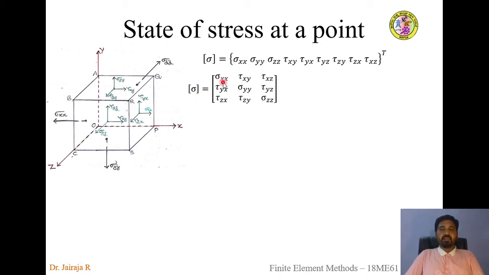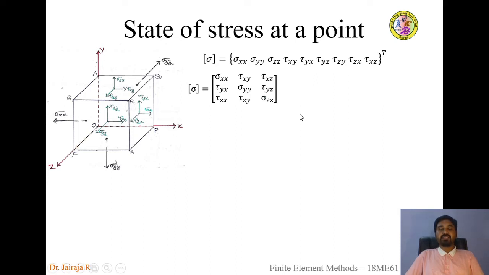Sigma is equal to sigma xx, tau xy, tau xz; tau yx, sigma yy, tau yz; tau zx, tau zy, sigma zz. About the principal diagonal, these shear stresses are complementary to each other. That means tau yx is equal to tau xy, tau zx is equal to tau xz, tau zy is equal to tau yz.